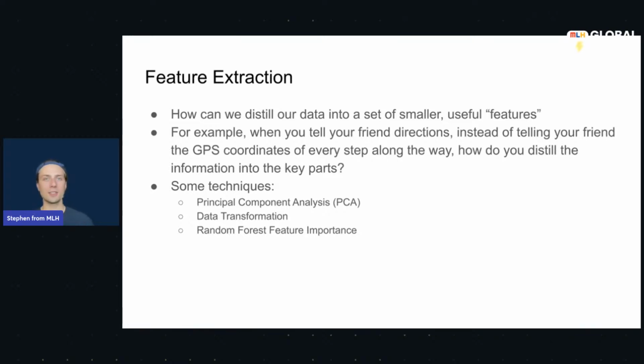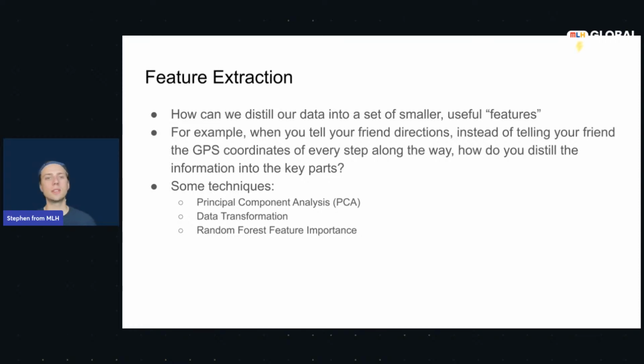It's a waste of everybody's time to give that much information. It doesn't help your friend any better than just saying, go all the way down to the end of the street and make a right. That's much less detail, but it's the same amount of information. And that's what we're trying to do with feature extraction.